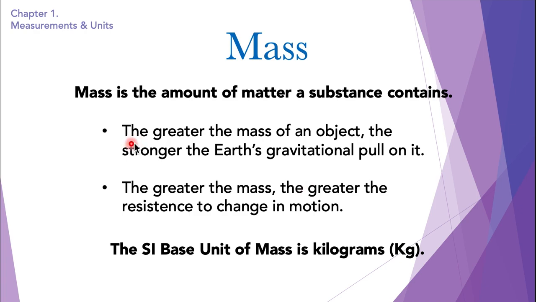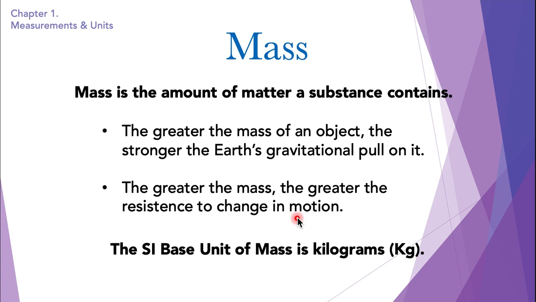1. The greater the mass of an object, the stronger is the Earth's gravitational pull on it. And second is that the greater the mass is of the object, the greater the resistance to change in motion. So if there is a heavy object, it is hard to push that object.